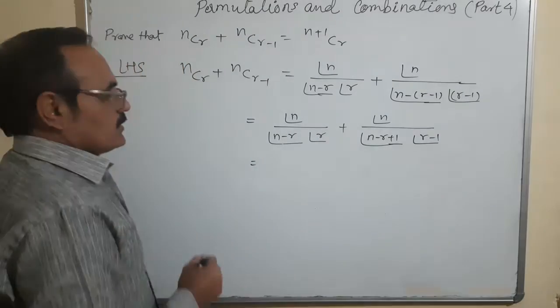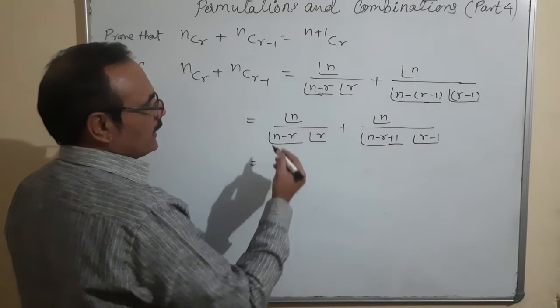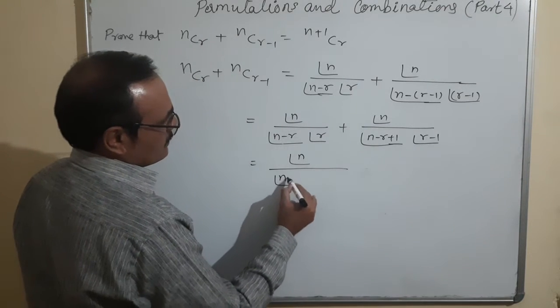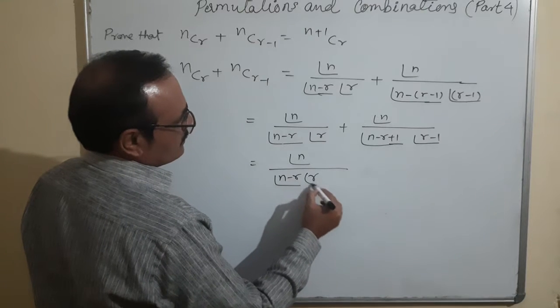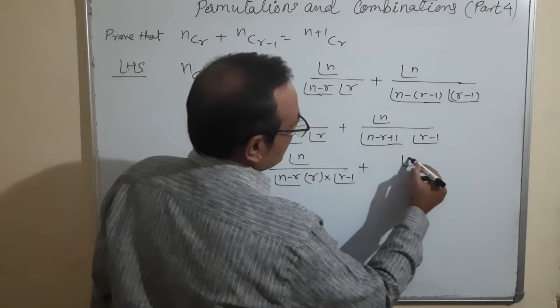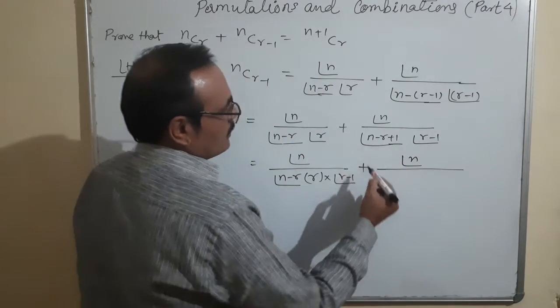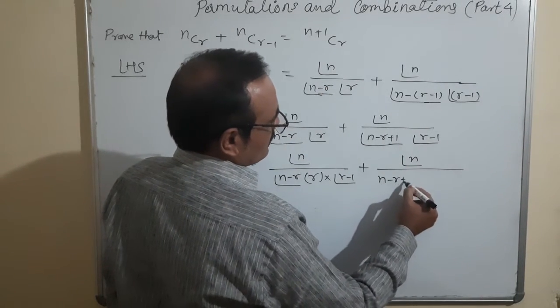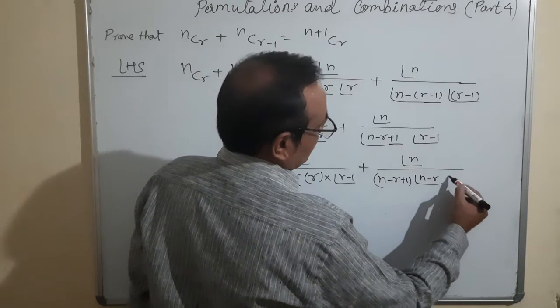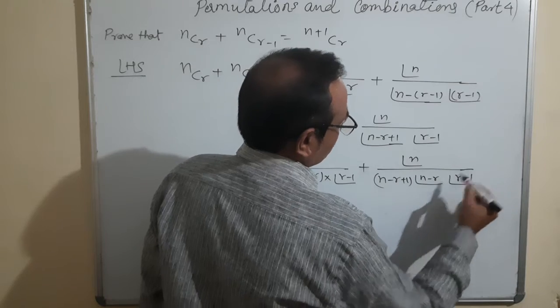Everything we are doing because we can take common factorial n upon factorial n minus r and factorial r minus 1, times 1 upon r plus 1 upon n minus r plus 1.